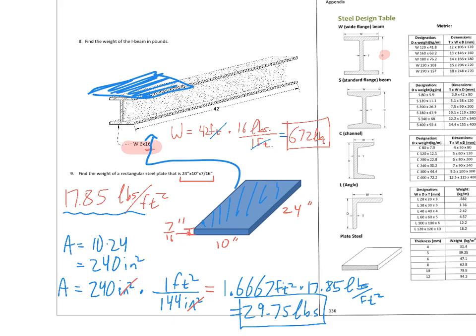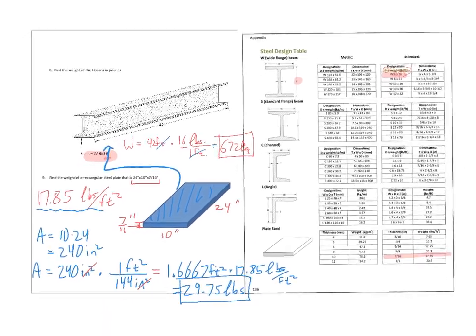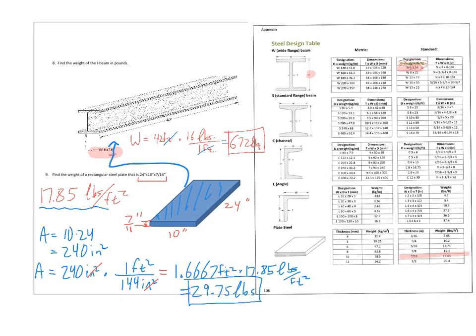All right, so when it comes to test time, we'll probably have a couple pieces glued together like that, or welded actually. And so find the pieces separately and then add up their total weights. All right, so that's how we use the steel weight chart. Lengths for the beams and area for the plates. Make sure you change that area into square feet first.